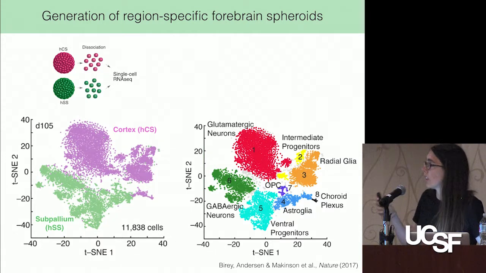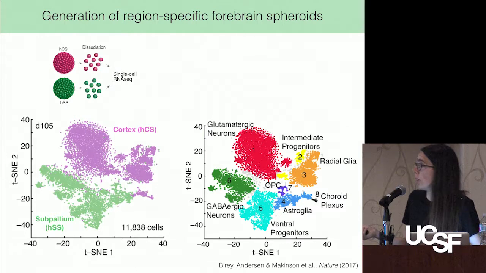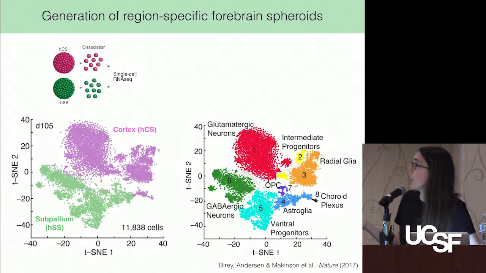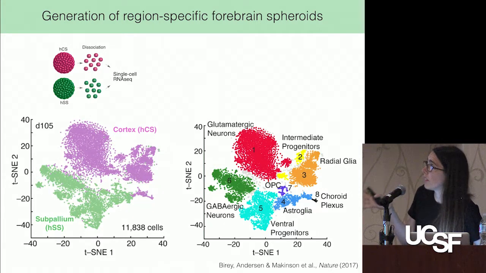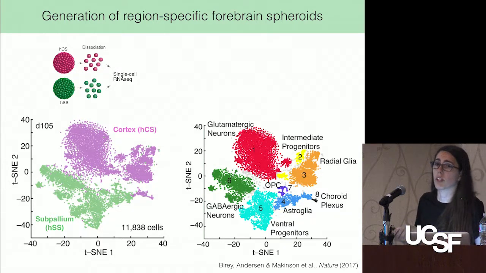In the subpallial cluster, we see GABAergic neurons, which are the inhibitory neurons, and we see ventral progenitors again. At the age that we are doing this, which is day 100, we also have astrocytes, and we know that astrocytes are important for neuronal function.